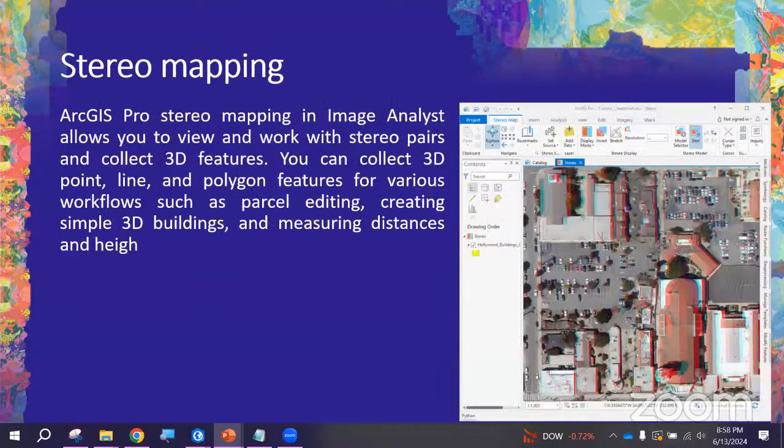Then there are new capabilities introduced in recent versions for stereo mapping. For the stereo related 3D objectives, this can be used with a different view, not the 2D map view. There are different views for that, and it can be used.